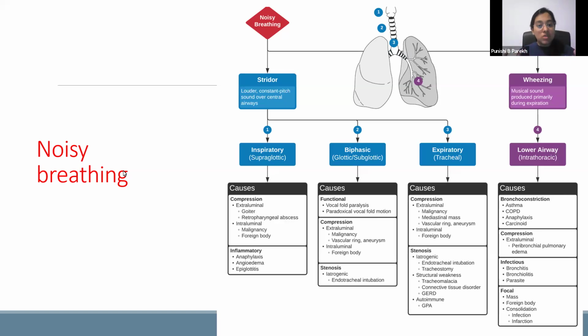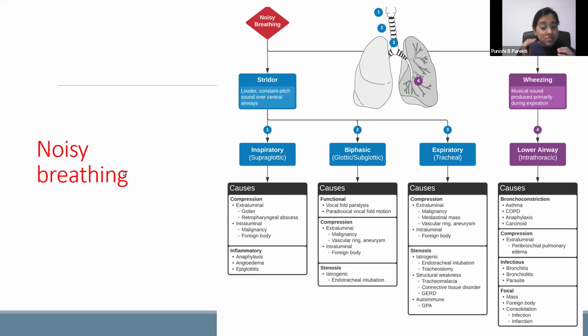So these are the causes of stridor, and these are the causes of wheezing. The causes, like we saw, are different, and when exactly you hear the noisy breathing, whether it's inspiration or expiration, will also give you some insight as to what kind of pathology it is.